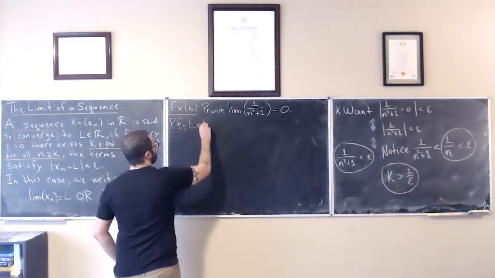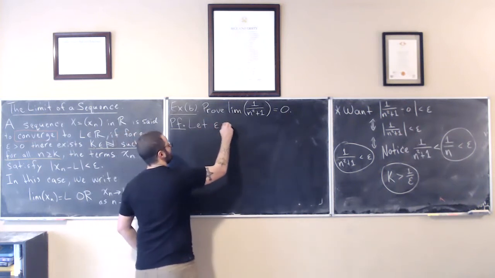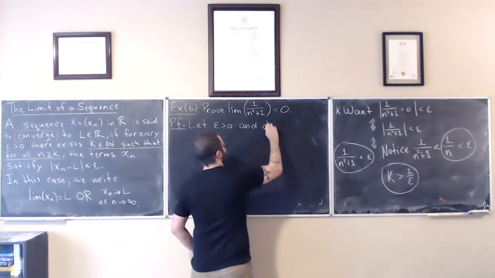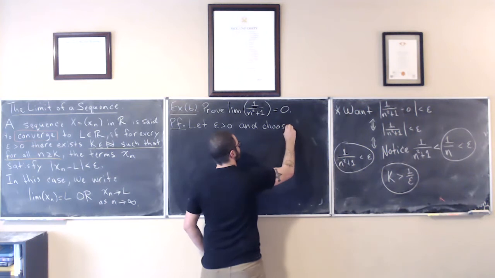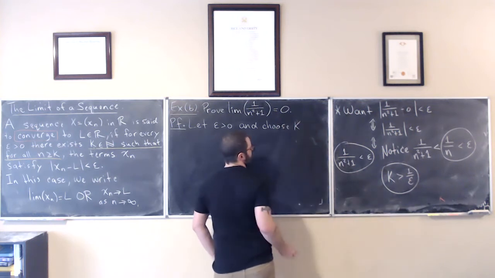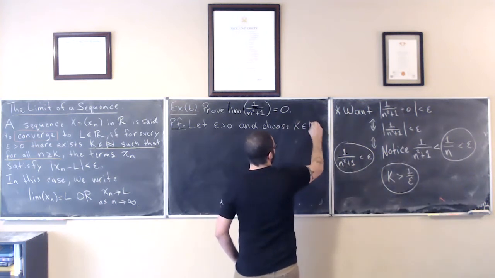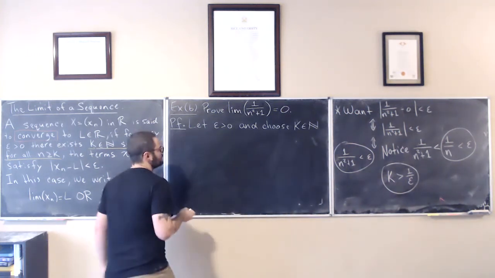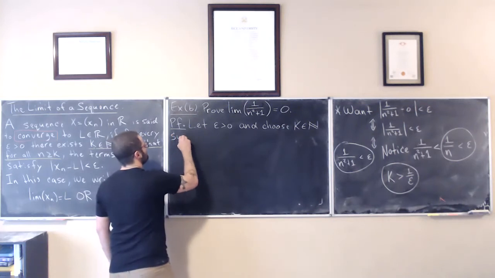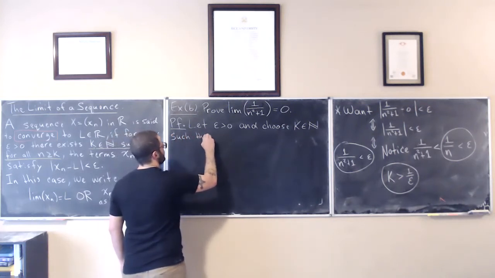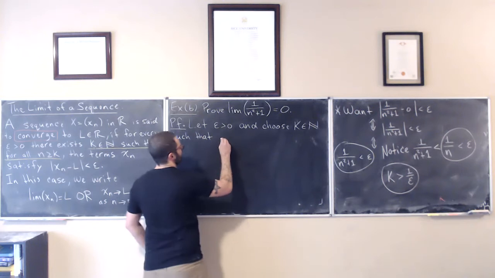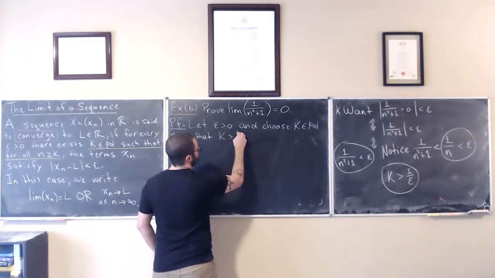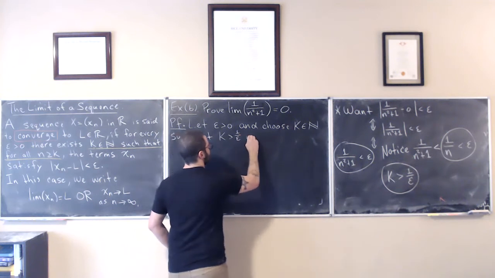So formal proof, say let epsilon be greater than 0, and choose k, some natural number, which is, again, like a cutoff index for the sequence, such that k is strictly greater than 1 over epsilon.